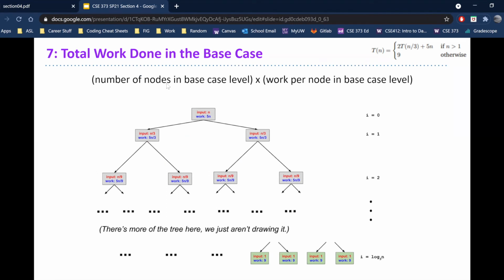We know that the number of nodes is going to be given by 2 to the i, and this is true for any level of our tree. The work per node in the base case level is given from our recurrence relation.